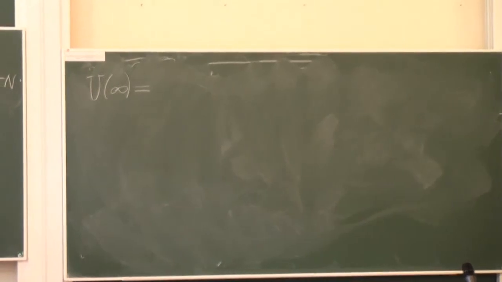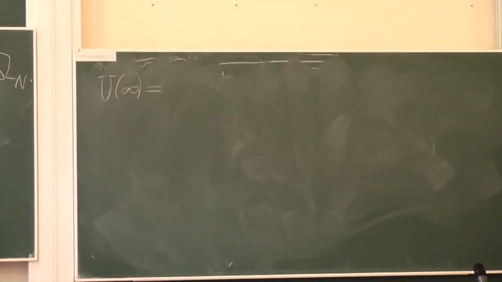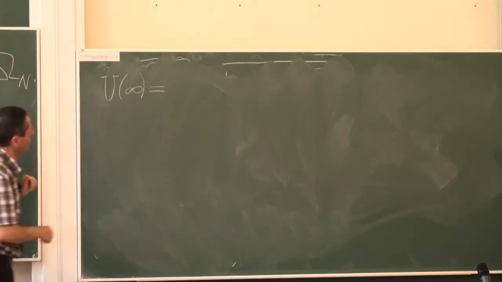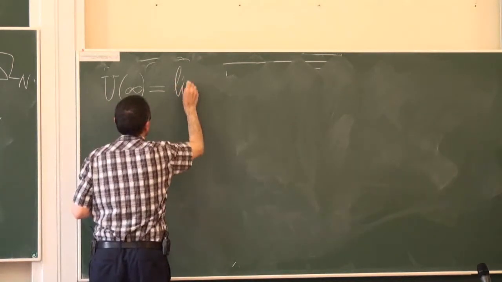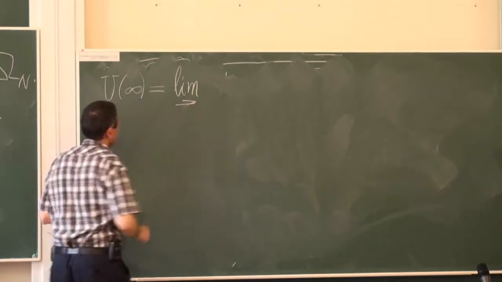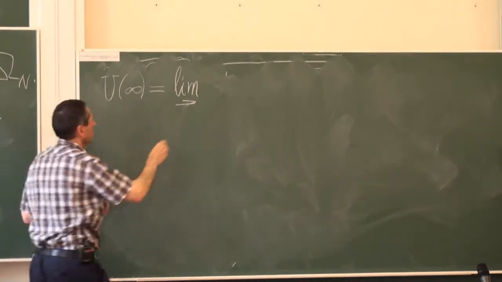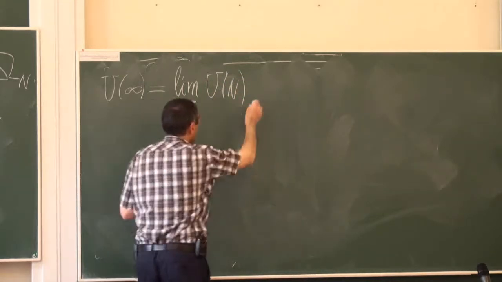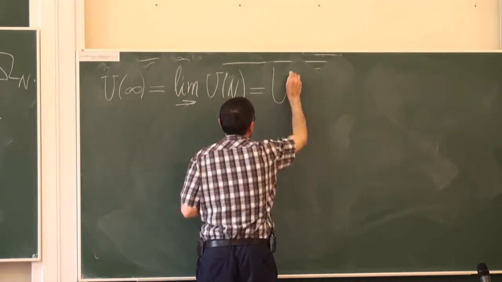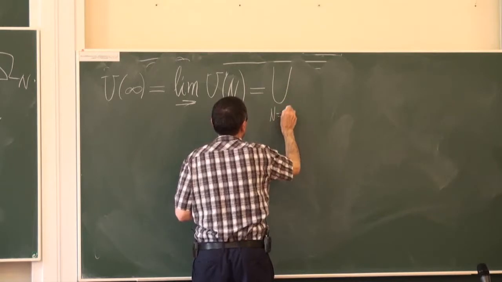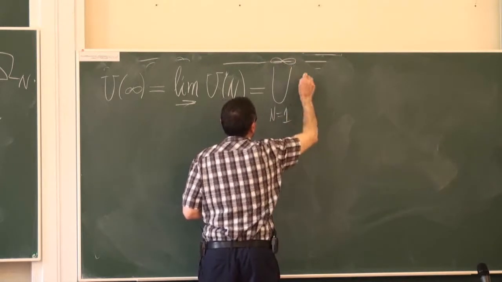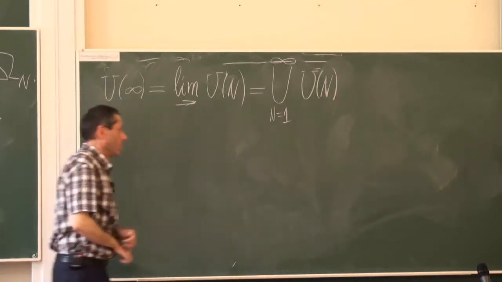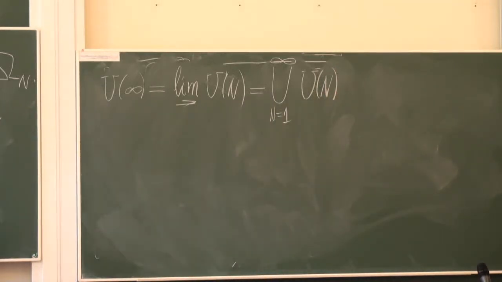There are many possible versions of the unitary group, but for my purposes it's enough to define it simply as an inductive limit, which is the same as taking the union of finite dimensional compact unitary groups.